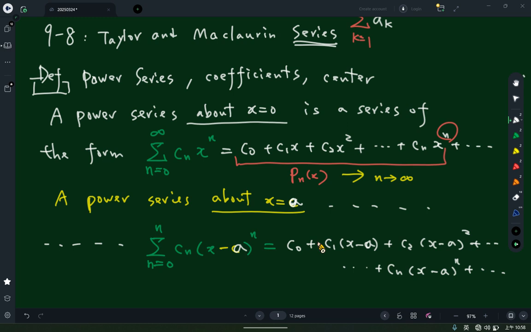This part is defined in section 7, but I moved it because I want to introduce the Taylor series or Maclaurin series to you, so I need to give you the background knowledge about the power series.